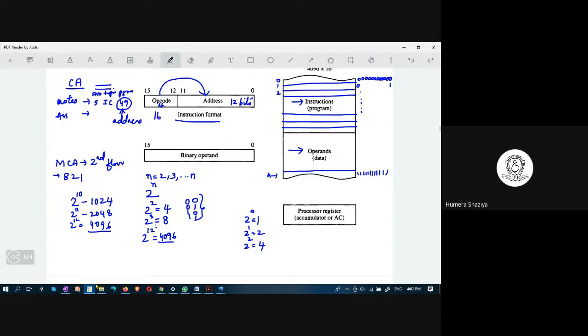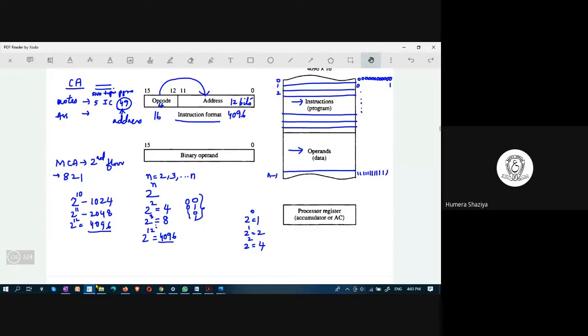Yes, very good. 16 operations we can create from 4 bits. And here we can create 4096 locations from 12 bits because it is the address. There is a register known as the accumulator, which is a processor register. We will learn about it later.